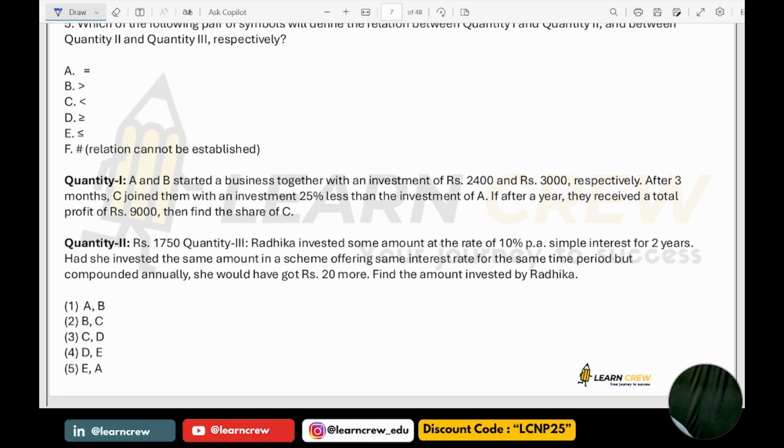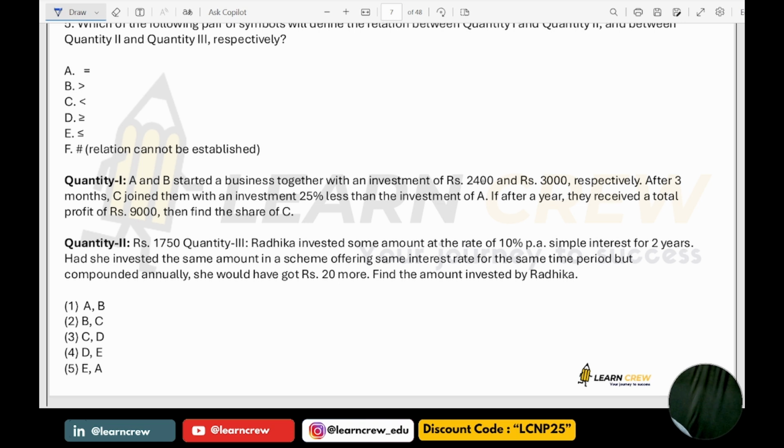So here, question 45: A and B started a business together with an investment of 2400 and 3000. After 3 months C joined with an investment of 25% less than the investment of A. So it is 1800.